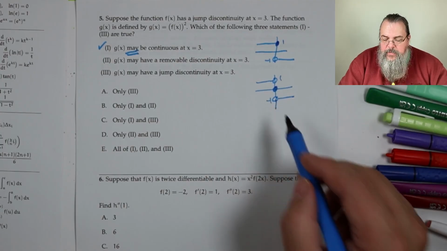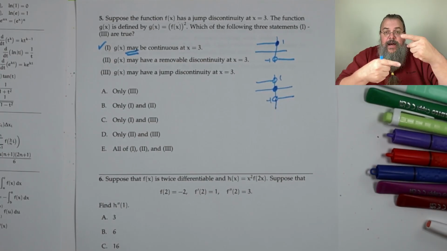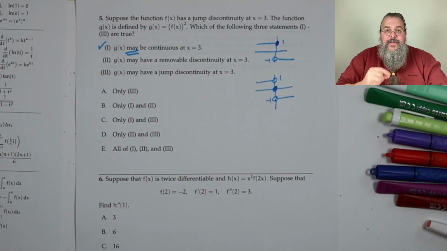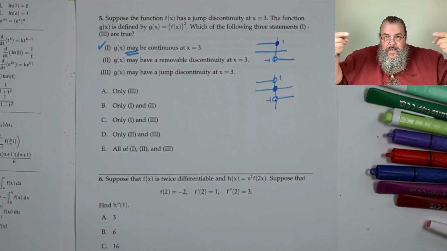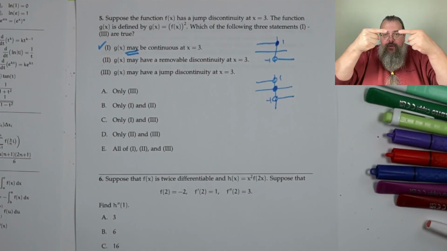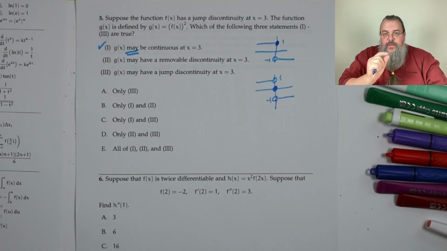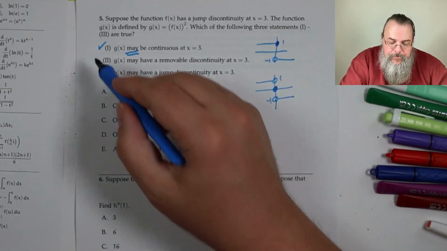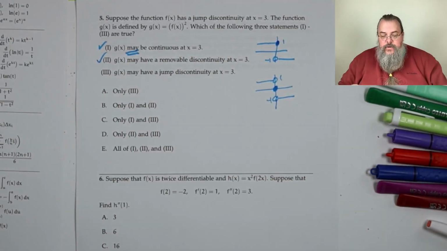And now what happens? We're still doing that, right? But in the middle it does something different. So when we square, from both sides we were thinking 1, but we still think 0 at 0. So now it's removable.